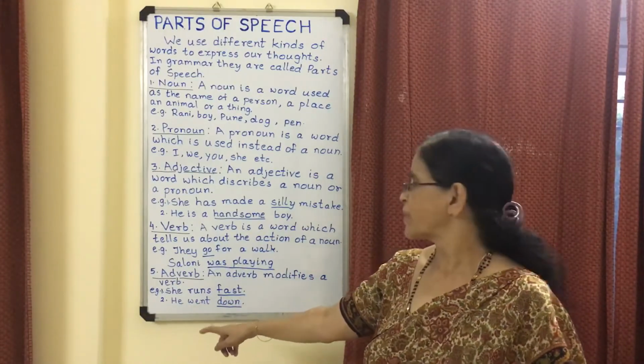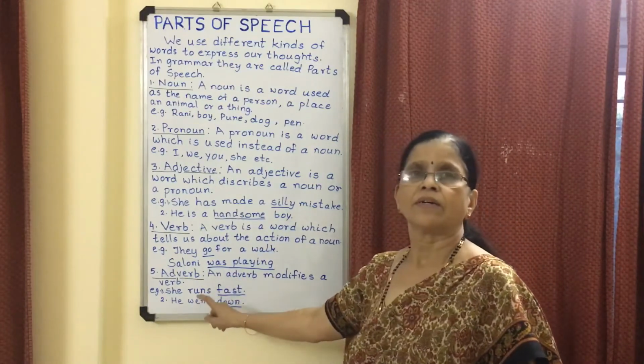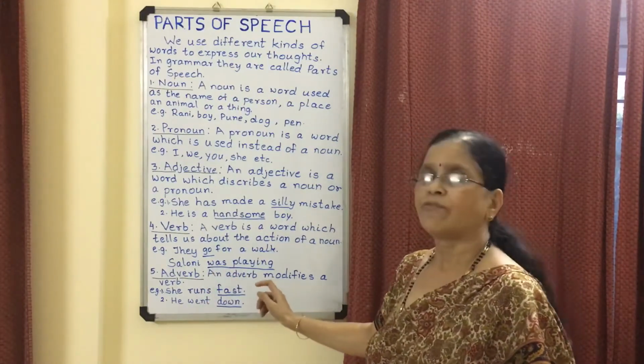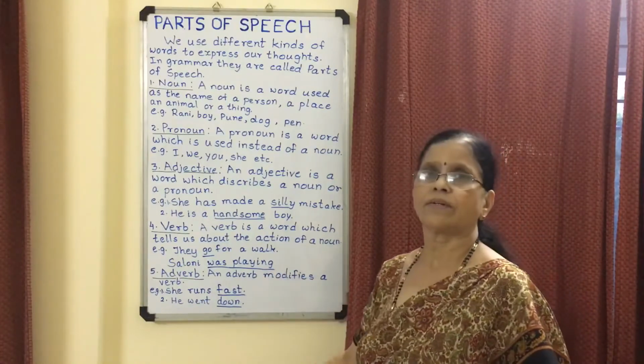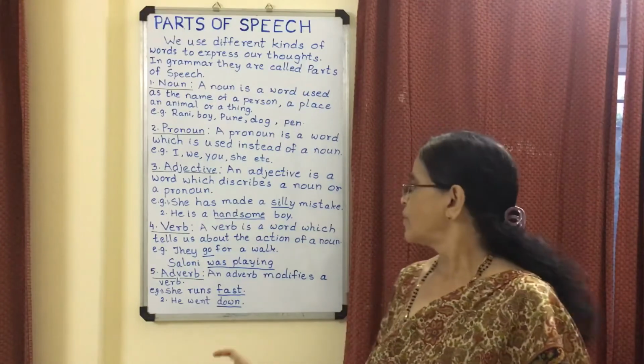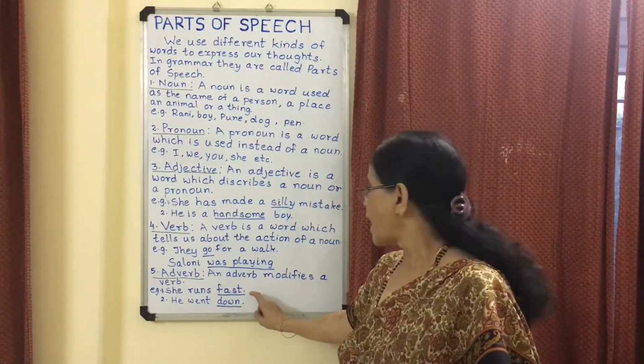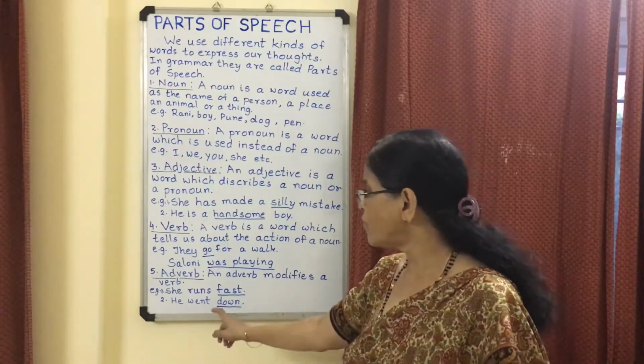Yes or no? So it tells about runs. So what we are saying is that an adverb modifies a verb. So here the verb is runs, and fast modifies it. So this is an adverb.